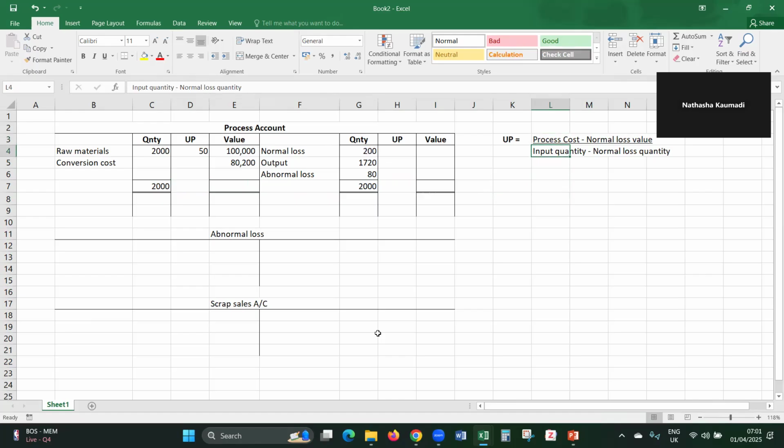And then you divide that value by the input quantity minus normal loss quantity. So we'll take the numbers. First of all, how much is the process cost? I'm taking the total. It should be 180,200. 180,200 minus what is the normal loss value.